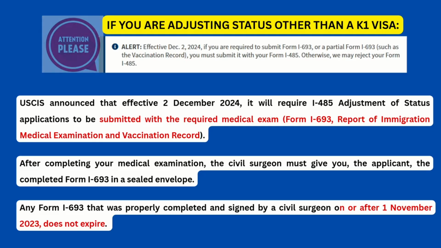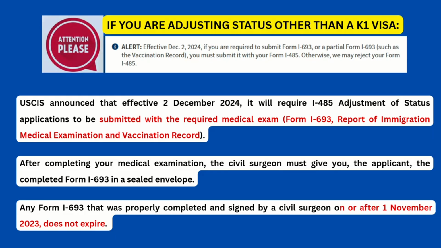As a reminder, if you are adjusting status other than the K1 visa, USCIS announced that effective December 2nd of 2024, they will require all applications for a green card to include your medical examination, completed, signed, and sealed by your civil surgeon.